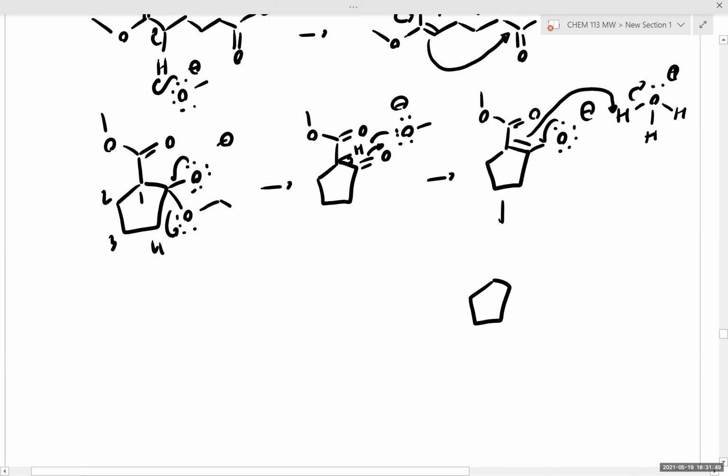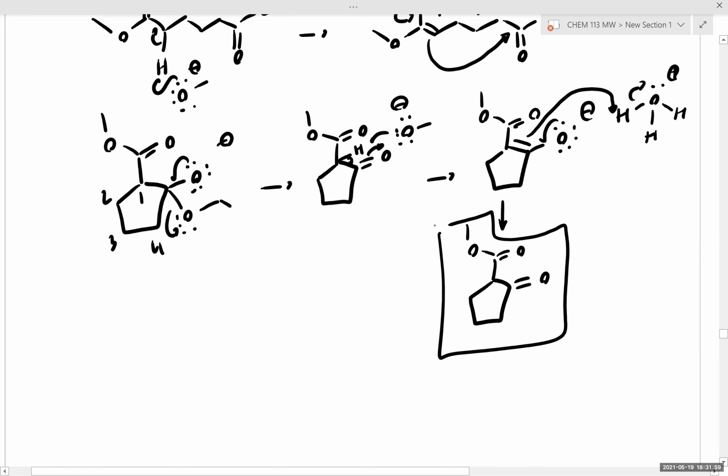So yes, it does seem weird that we protonate and then we deprotonate and then protonate, but it's important to note the deprotonation step occurs in the same reaction vessel, and it's why we don't see retro-Claisen. It also explains why you need an entire equivalent of base.